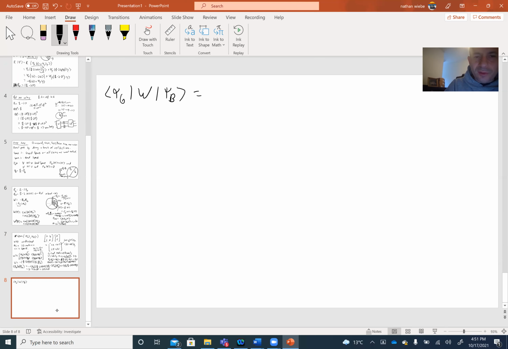Okay, now this, of course, is equal to negative psi g w. That wouldn't give us too much. This would be negative twice the projector onto psi times identity minus twice the projector onto the good space acting on the bad space.